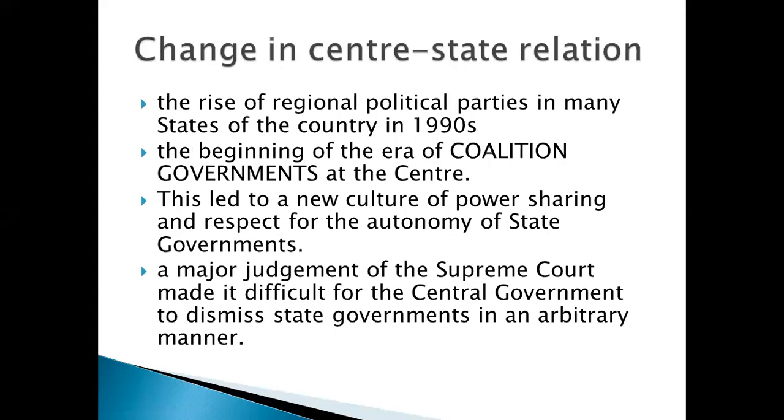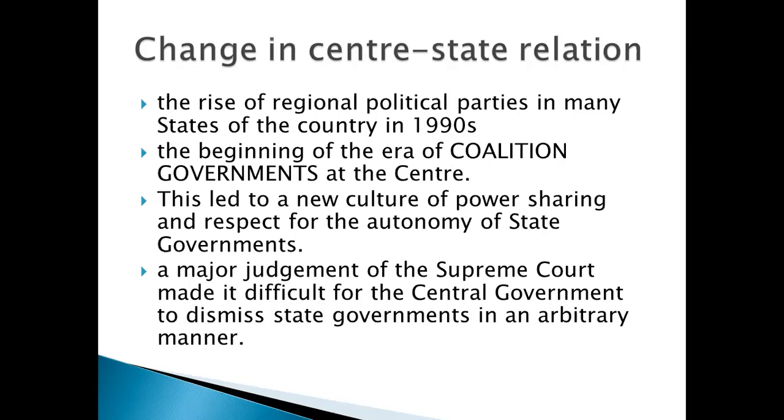There were very rigid guidelines by the Supreme Court that if the central government wants to dismiss the state government, they must prove that this decision is not arbitrary. And the Supreme Court also has the power of judicial review, using which it can cancel this order of the central government of dismissing the state governments.